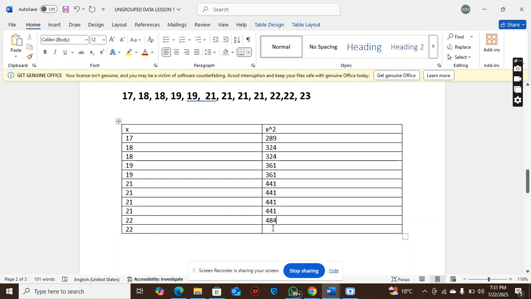484. Then again 22 squared, 484. Yeah, 484. Okay, then 23 squared. 529.